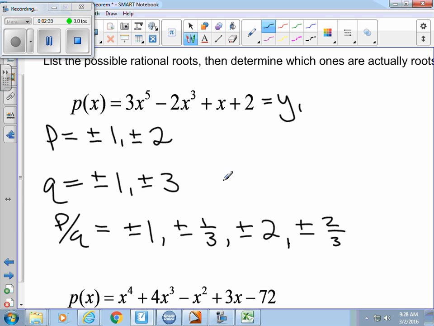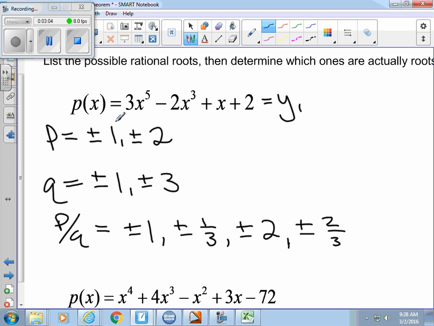I explained that when y'all were talking and not paying attention. P is the factors of the constant. So the 2. Q is the factors of the leading coefficient. P divided by Q, which is a big long list, is the exhaustive list of all of the possibilities for rational roots.